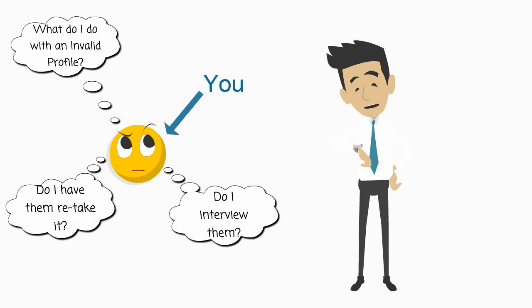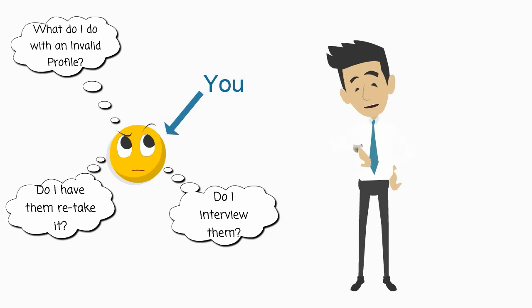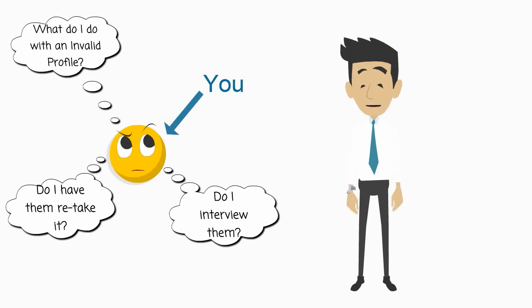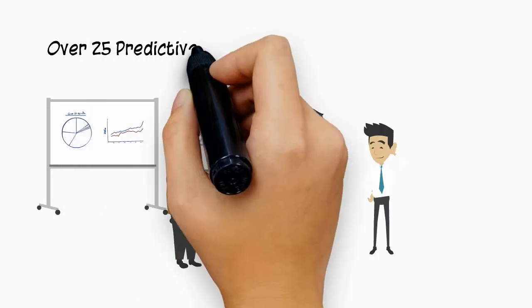The best way to answer those questions is to take a look at some data. So let's geek out for a bit and take a look at the research we've done over the past 10 years. Our team of scientists, and be careful, you don't want to get too close to them, puts in a lot of work behind the scenes to make sure the information we're giving you is valid and reliable.